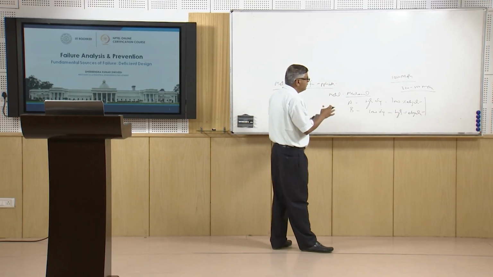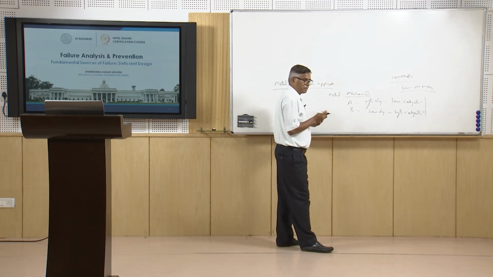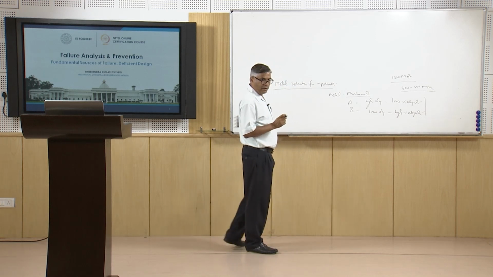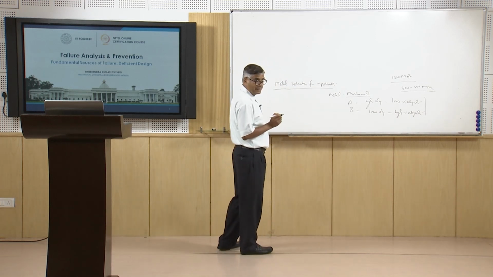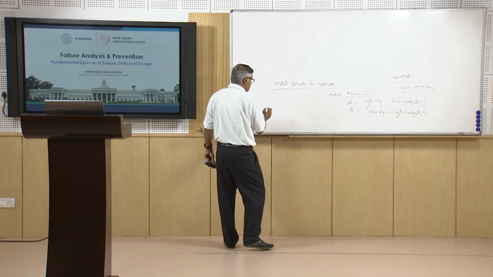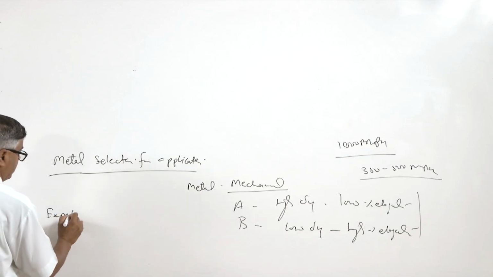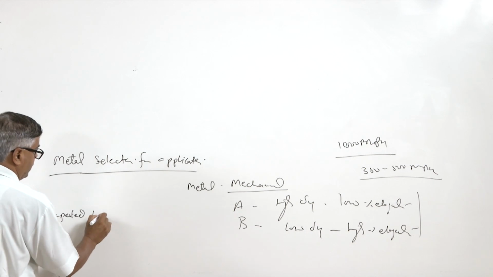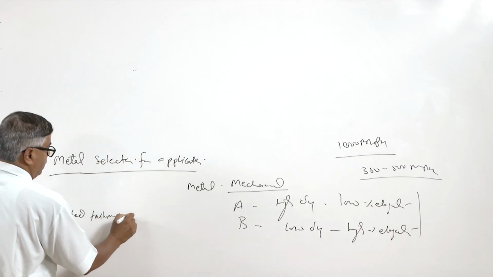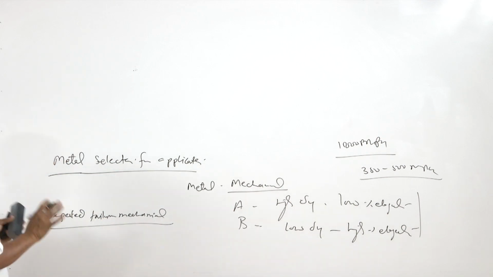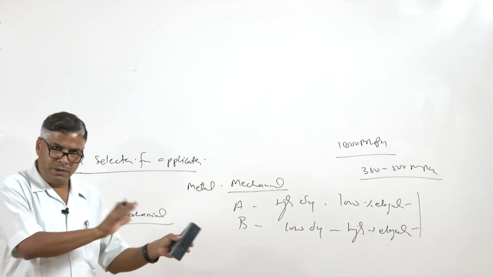So, what should we consider for the design purpose, on what basis should a given material be selected? For that purpose we basically need to consider the expected failure mechanism. Whatever component is made will be put into use.